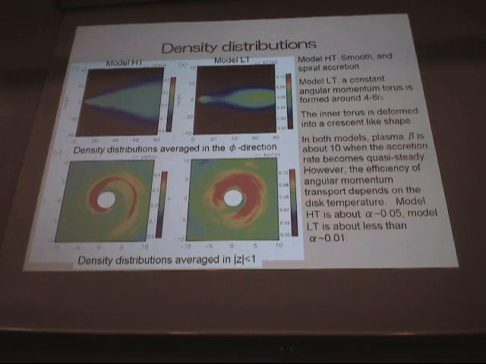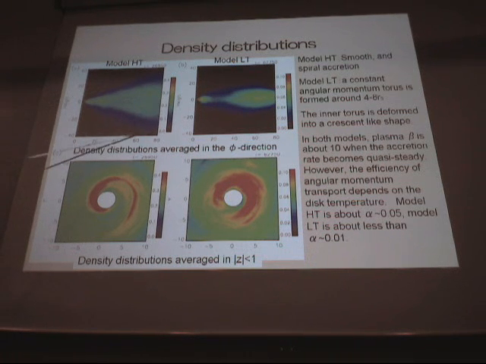Next, I compare the density distribution between model HT and model LT. The left part is model HT, and the right part shows the low temperature model. The top panel shows the density distribution averaged in the azimuthal direction, and the bottom one shows the equatorial density distribution.